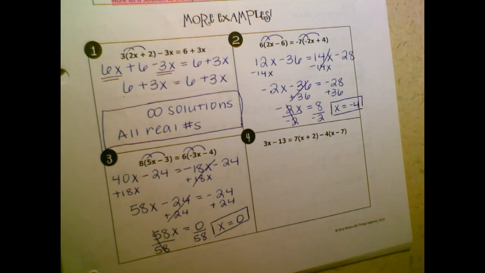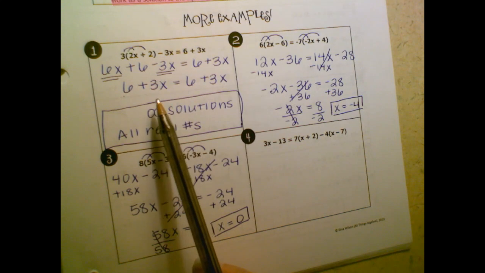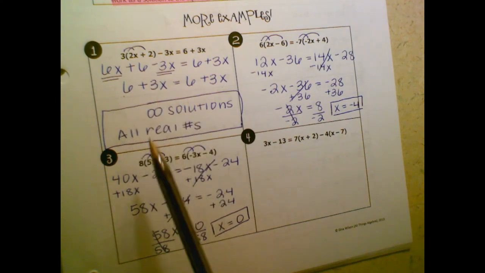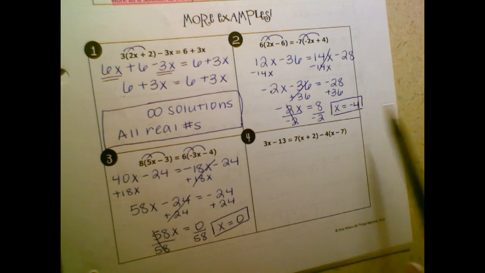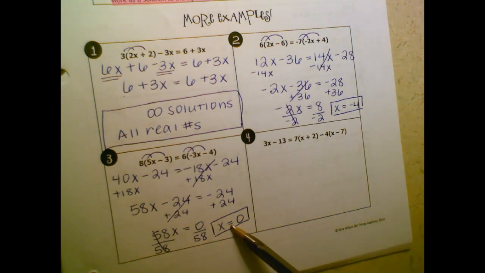My final answer is not x equals 6 for number 1. It is 6 equals 6, which indicates that I can put in every single number. Number 2, only negative 4 works. For number 3, only the number 0 works.